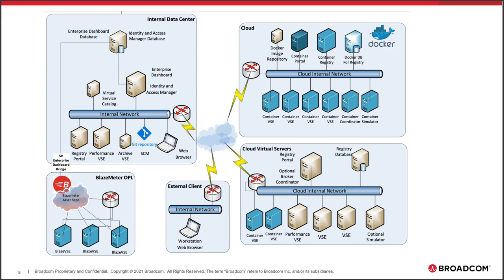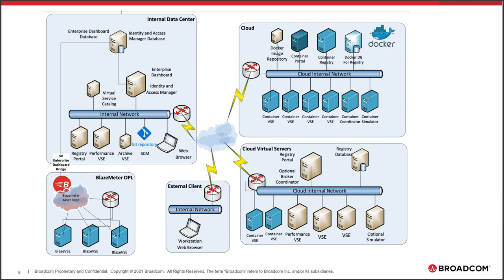But within the cloud, you can either have, as you can see in the lower right-hand corner, virtual servers, where you have a registry as a VM, using infrastructure as a service. You will need a database there.